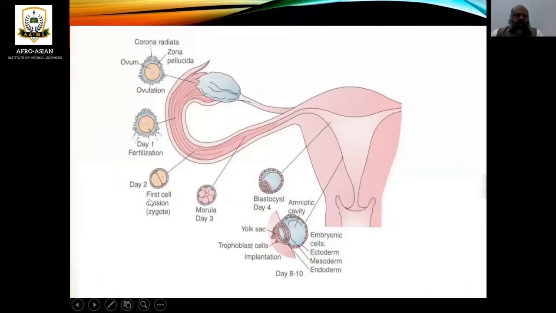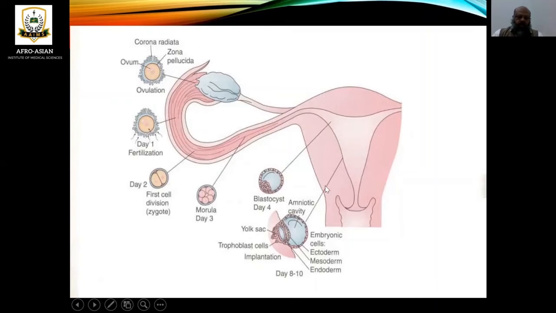Day second will be the first cell division, which is named as zygote. Then at day 3, traveling towards the endometrium is the morula. Then the blastocyst is day 4, and it is embedded here in the endometrium.